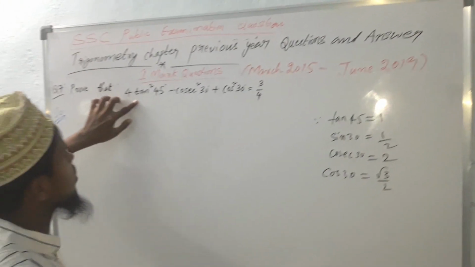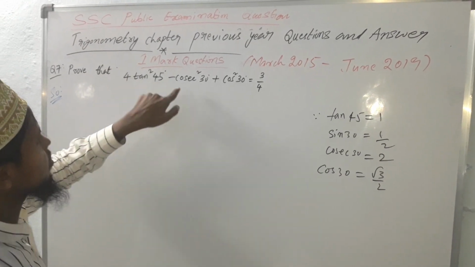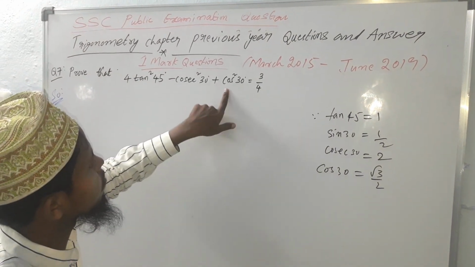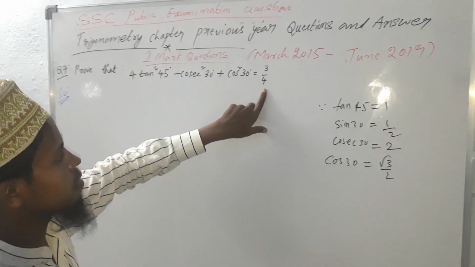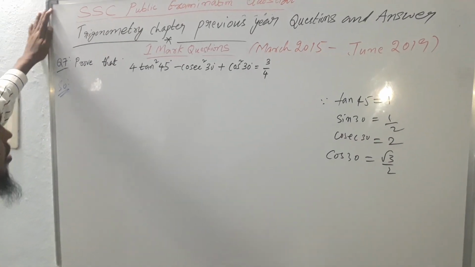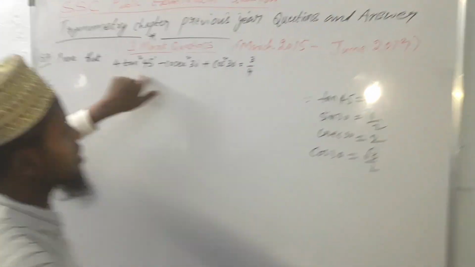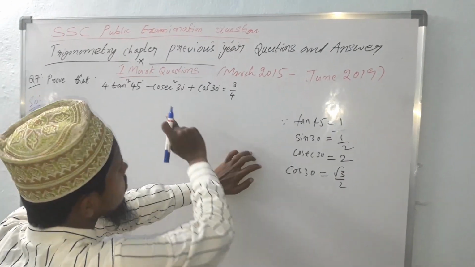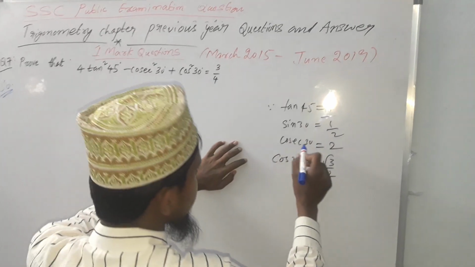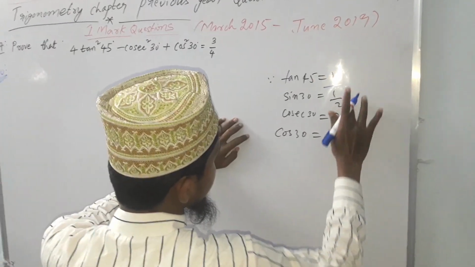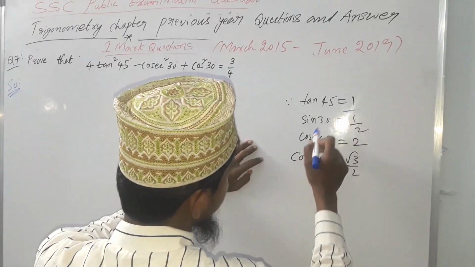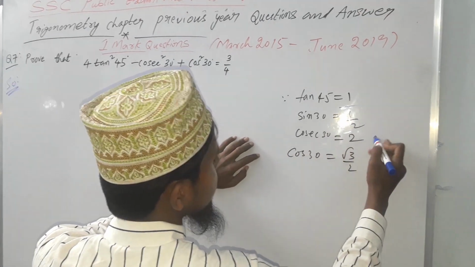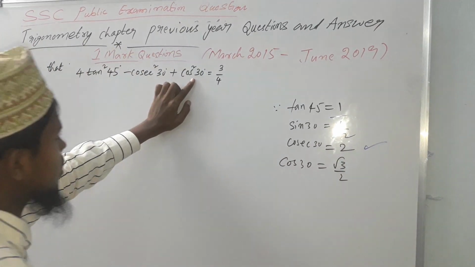Now the seventh question is: prove that 4 tan square 45 minus cosec square 30 plus cos square 30 is equal to 3 by 4. Okay. Here, what is the value of tan 45? Tan 45 is 1. Cosec 30: sin 30 is 1 by 2, then the reciprocal of sin 30 is cosec 30, that is 2.